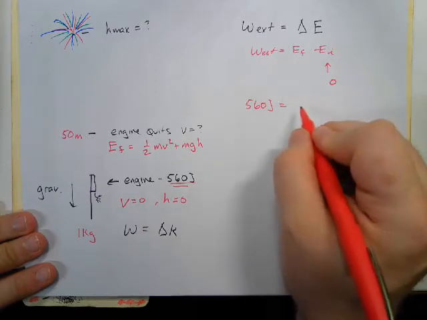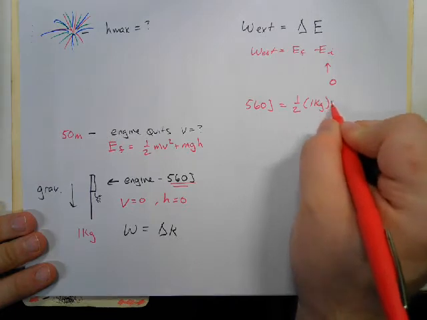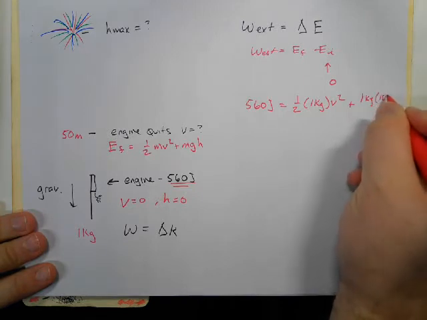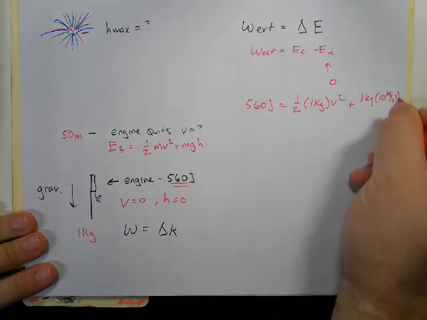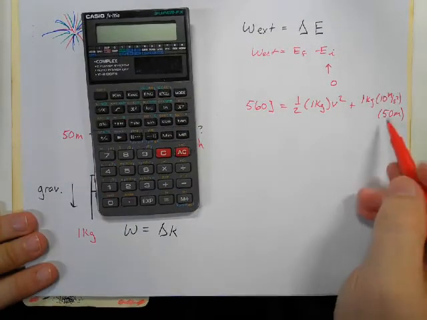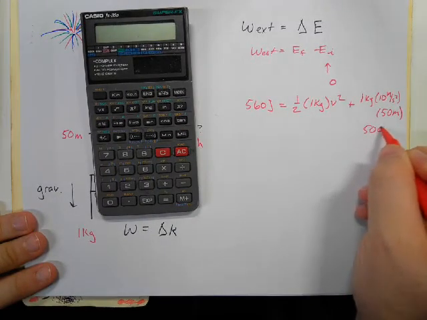And now we just have 1/2 times 1 kilogram times v squared plus 1 kilogram times 10 meters per second squared times 50 meters. So this stuff over here is 500 joules.